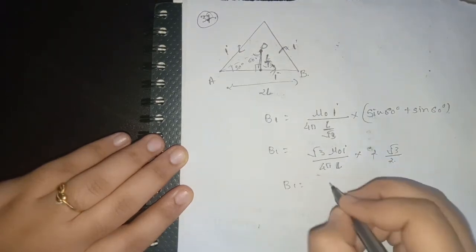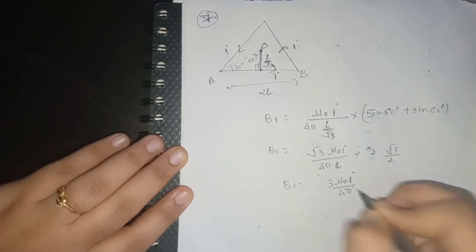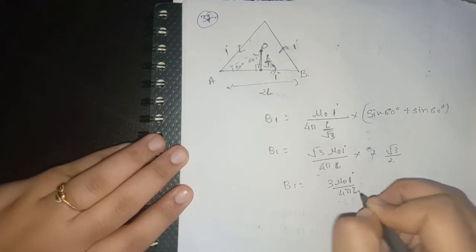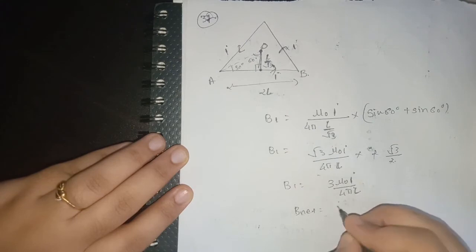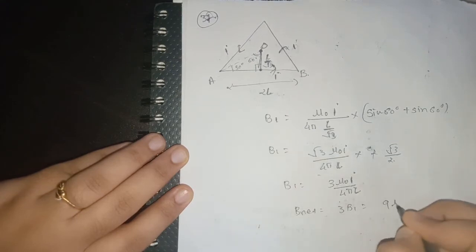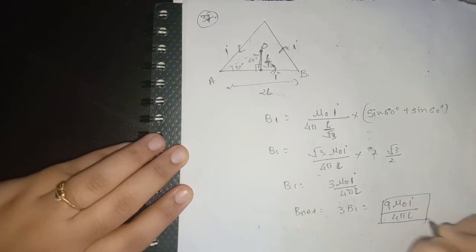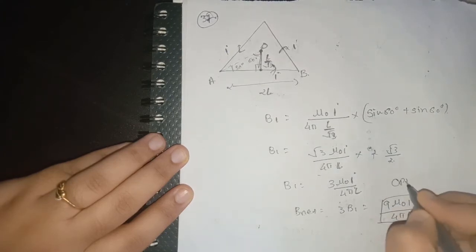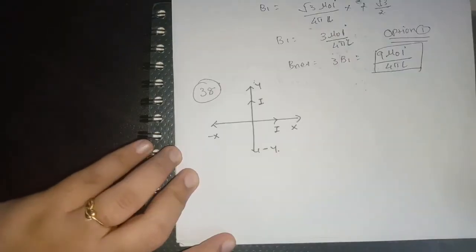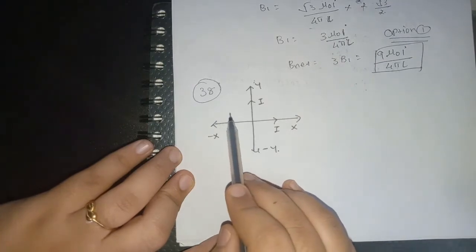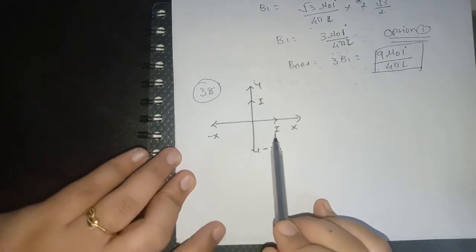So B1 will be 3 mu naught I upon 4 pi L. So B net will be 3 times B1, that will be 9 mu naught I upon 4 pi L. So option 1 is correct option.